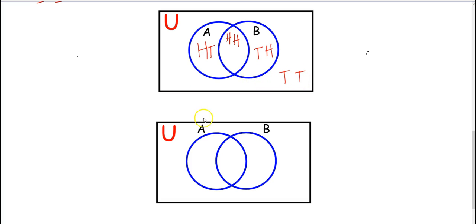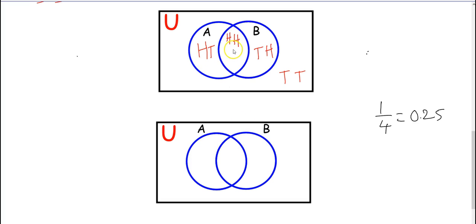Now in this area, that is only set A, that is only the first coin landing on heads is taking place just one time. Okay, so I can write this piece as 1 out of 4, which is also 0.25 in decimal form.